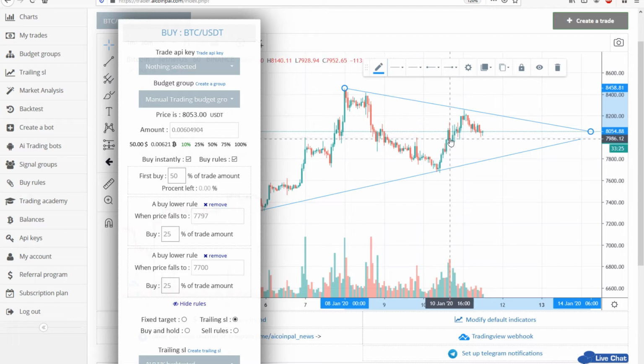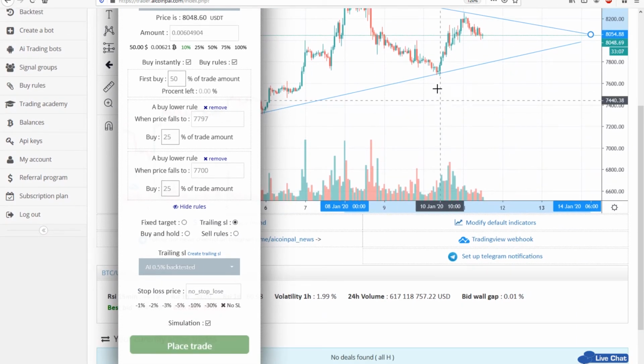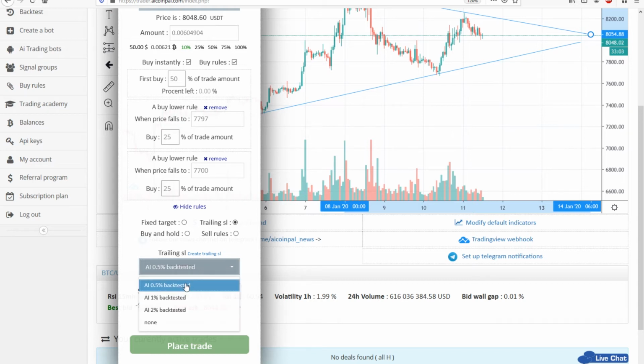For example, the price went high right here, and the stop loss would lift your selling point, always a little bit lower. So in case the price starts falling quickly, the system will automatically sell and therefore give you the trailed profit. So it's called trailing stop loss, and you can choose whether a tight, a less tight, or a little bit wider trailing stop loss strategy.